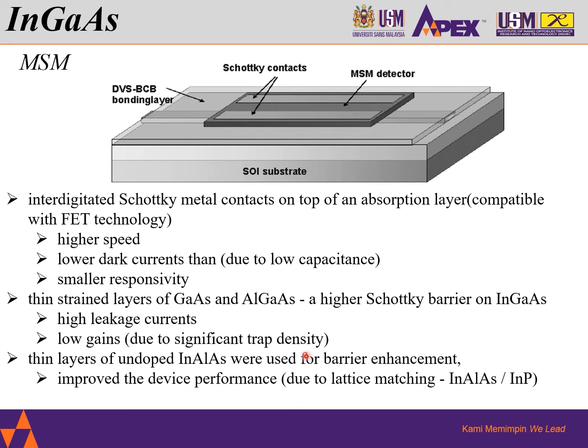Later, thin layers of undoped indium aluminum arsenide were used for the barrier enhancement, which significantly improved the device performance due to the lattice matching of indium aluminum arsenide and the indium phosphide substrate. So this is an example of a MSM PD on a silicon oxide insulator substrate.